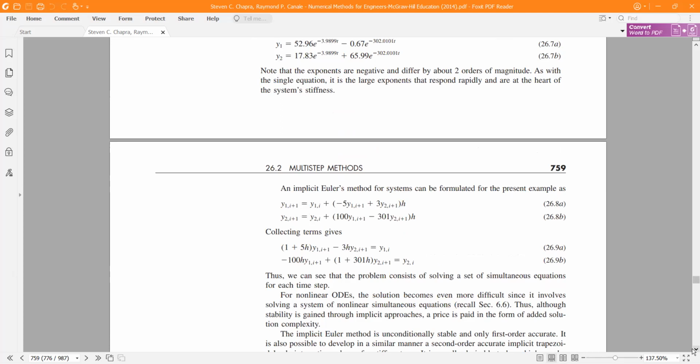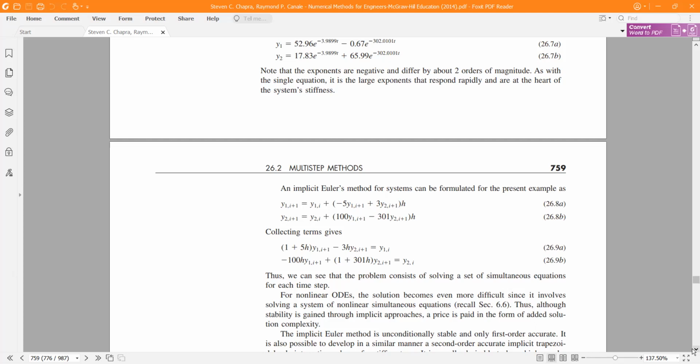Your y1, the first variable to be determined at the i plus 1 time step, would be equal to its old value plus the slope multiplied by h. Your slope is calculated at the same value, yi plus 1. The same is true for your second variable. Then if you want to solve these equations for yi plus 1, what we have shown for a single equation will not be enough.